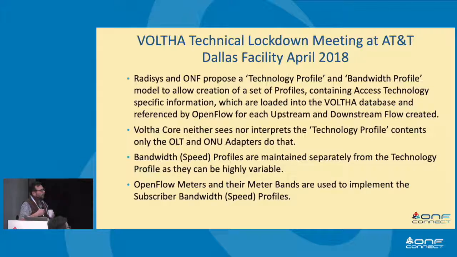When I create a flow using OpenFlow, I define my match action rules on the UNI or NNI, and I also reference a technology profile. For PON, the technology profile deals with things like the TCONs, ALLOC IDs, and GEM ports, things that OpenFlow doesn't really understand or have a way of configuring.